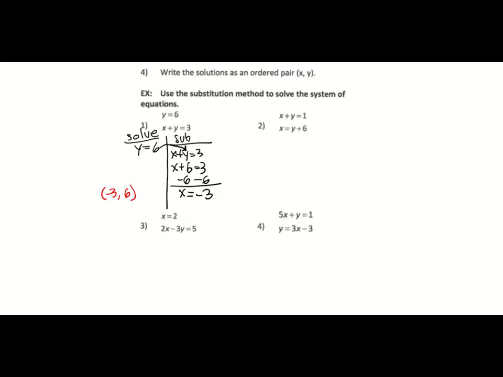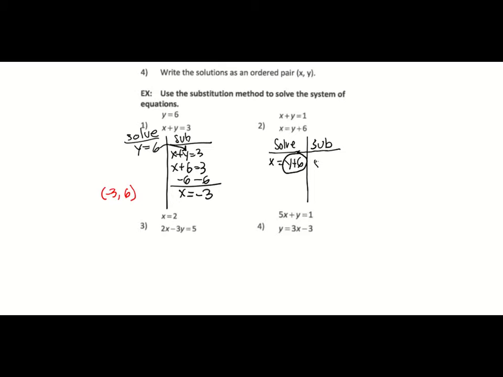Okay, so next let's look at number 2. Our first step is to get one variable by itself, and we have that already with x equals y plus 6. Here my x is by itself, so I'm going to take that y plus 6 and substitute it in for my x in my other equation.